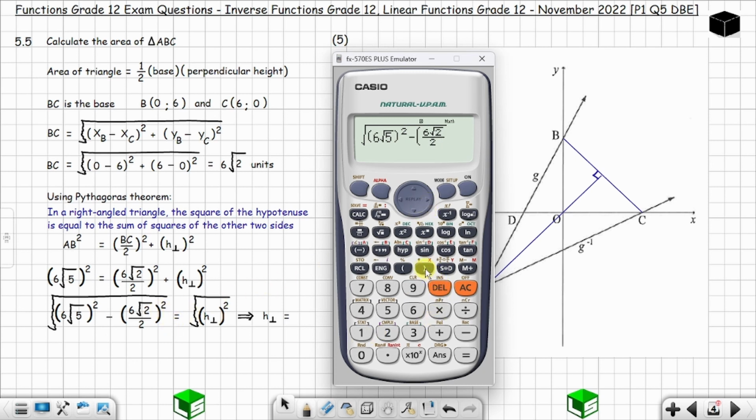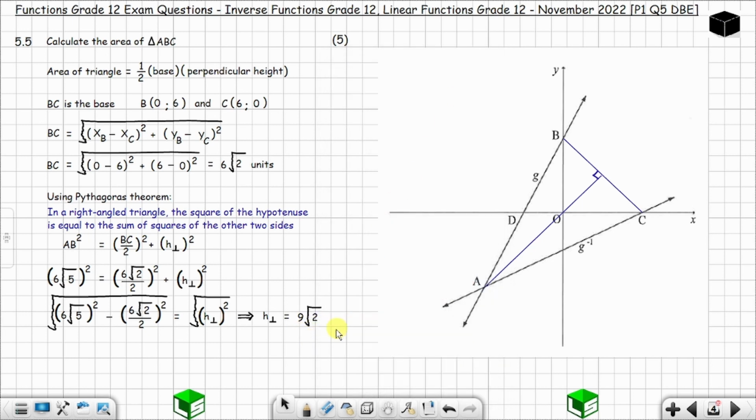Remember, you close your bracket and then square. This is equal to 9 square root of 2. I hope you can see that. So this is the length of the perpendicular height: 9 square root of 2 units.